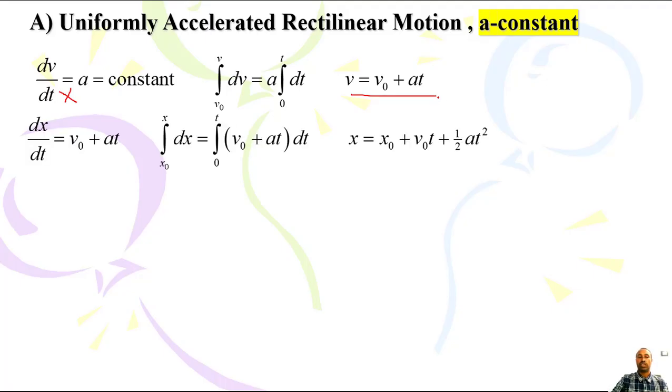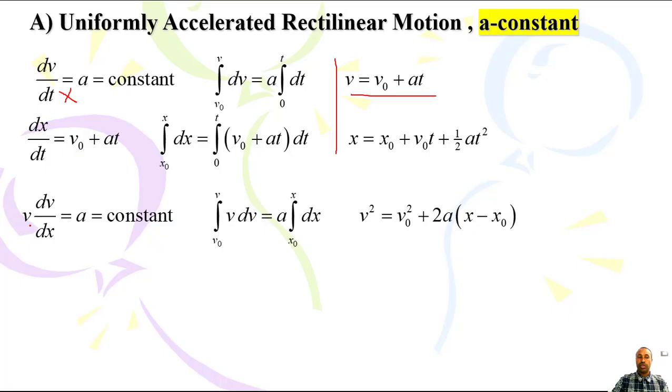Similarly, for dx by dt, you can substitute velocity, v naught plus at, then you will find this equation. So we are just deriving the rectilinear motion equations for constant acceleration. And you have again v dv by dx equal to a, which is constant acceleration. Then if you crisscross this one, v dv is equal to a dx, and if you integrate, it will give you this equation. This is the third equation of motion.